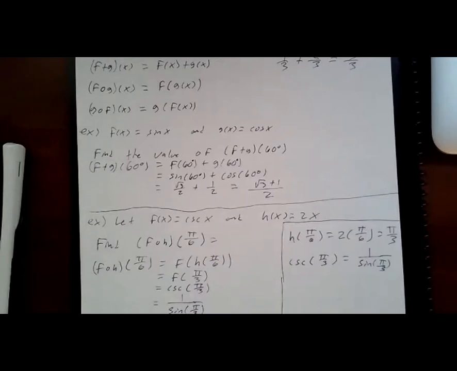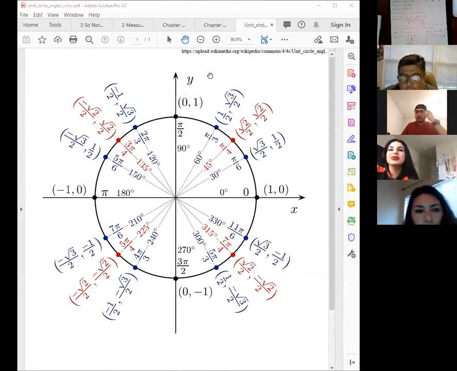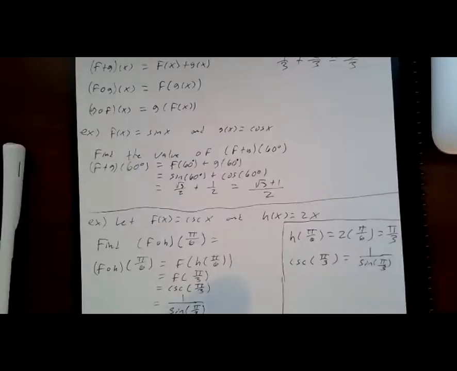Square root of 3 over 2. Yeah, looks like it. Square root of 3 over 2, which will flip over to be 2 over root 3, which we then rationalize to 2 root 3 over 3. Okay.